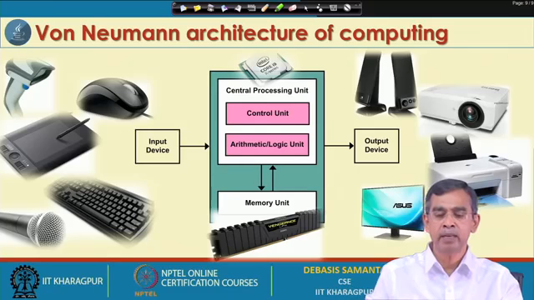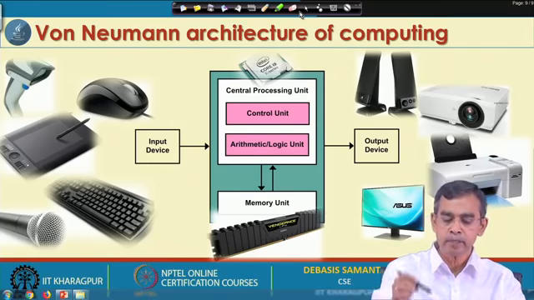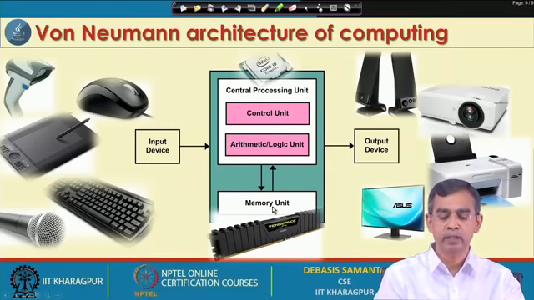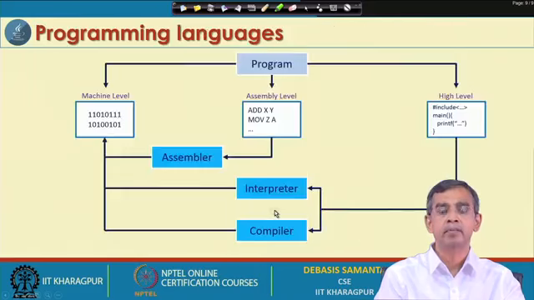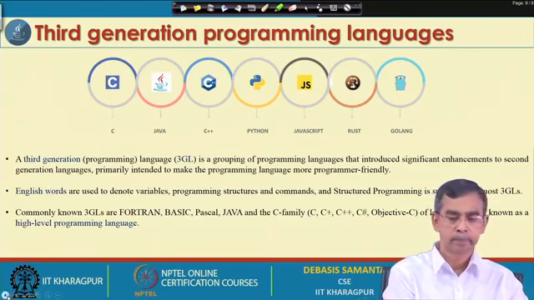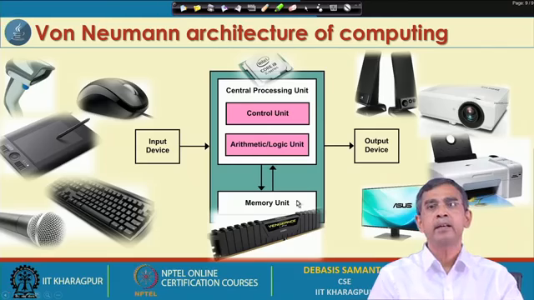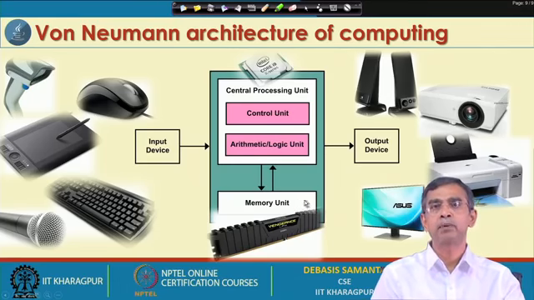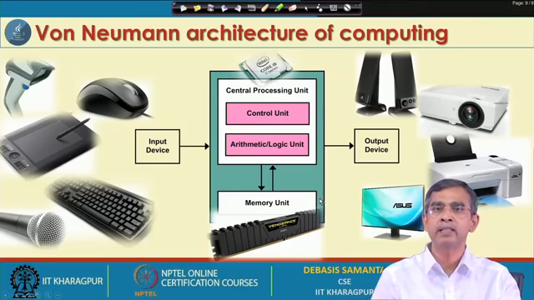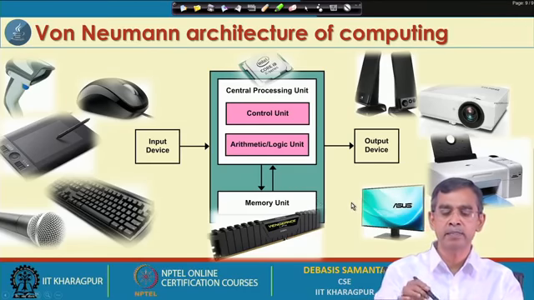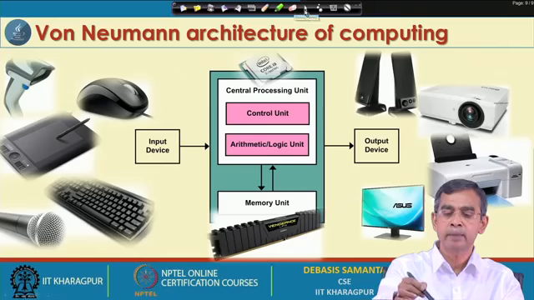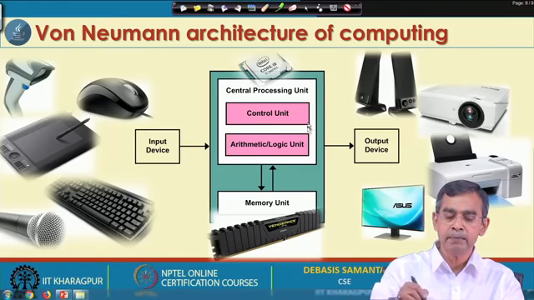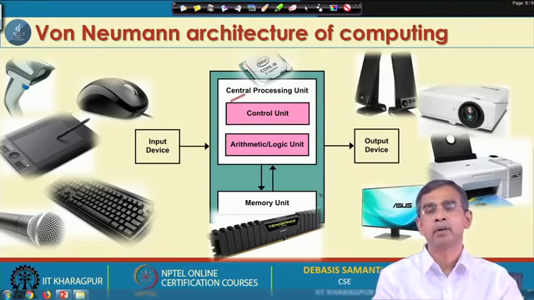So, in this von Neumann architecture, the program is loaded into the memory, and then the program is executed by the CPU. It has the control unit as well as the arithmetic and logic unit. This part is basically for the execution.